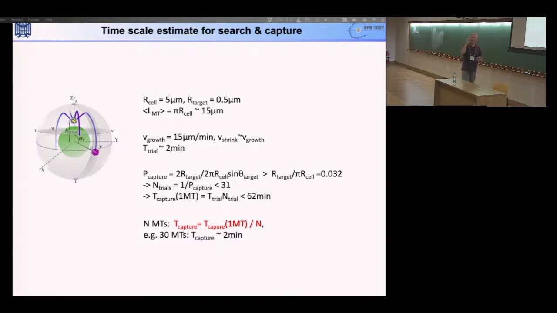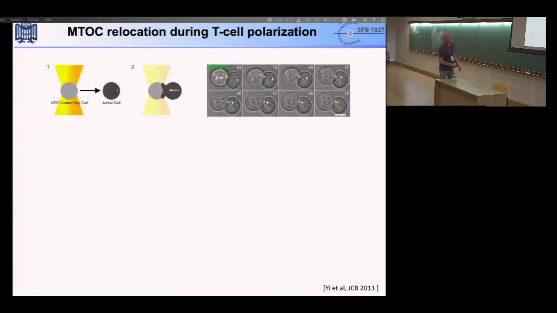Then the microtubule is captured by dyneins, which are accumulating in the immunological synapse, and then the mechanics starts. You got a glimpse already from the first video I showed, but here is this very nice experiment by John Hammer.